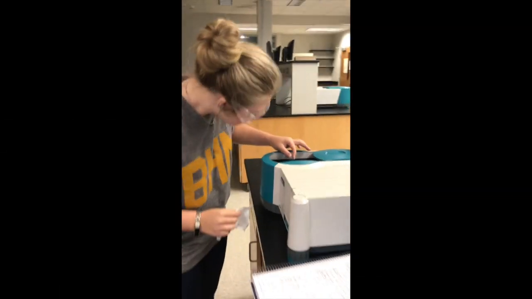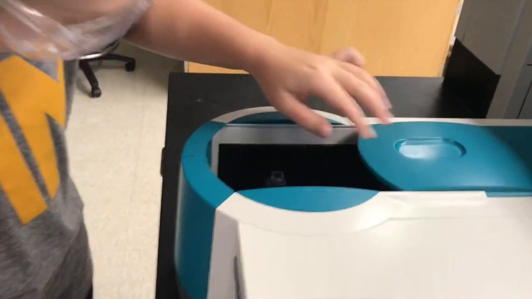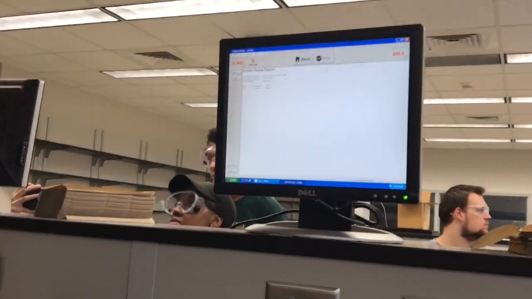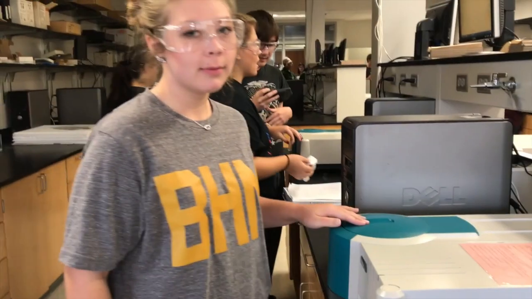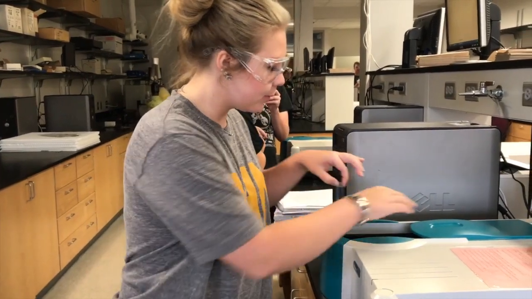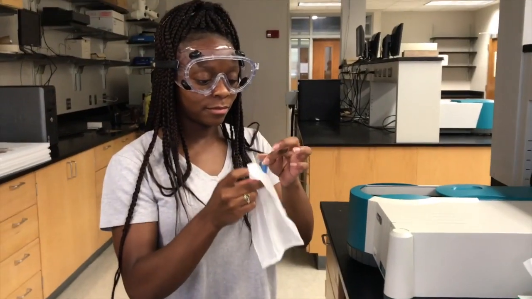After the program is zeroed, begin testing your solutions. Be sure to close the spectrophotometer completely and then use the program to read the absorbance. Record this absorbance in your lab notebook. Once it is recorded, remove the cuvette from the spectrophotometer and close the lid.